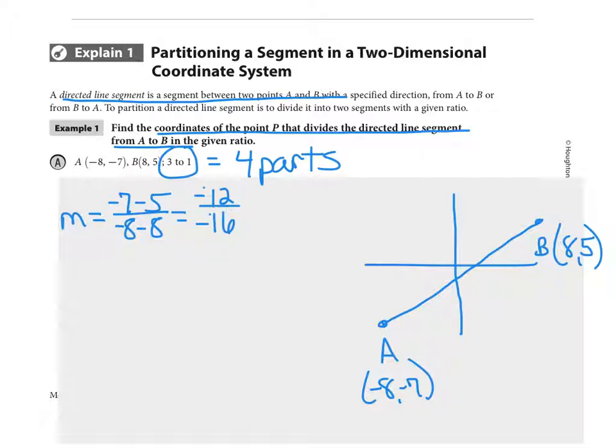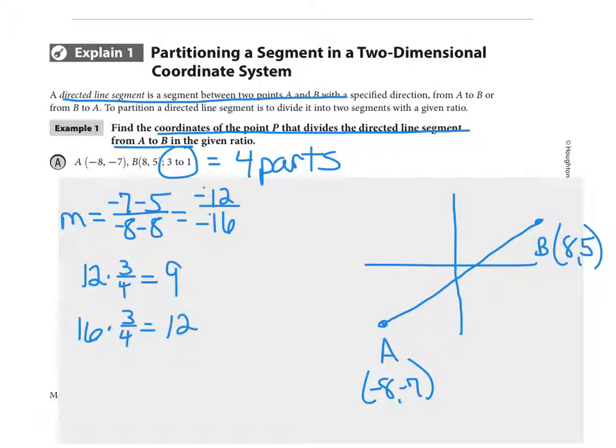I'm looking for P to be 3/4 of the way, so I'm going to multiply each distance by 3/4. 12 times 3/4 is 9, and 16 times 3/4 is 12.